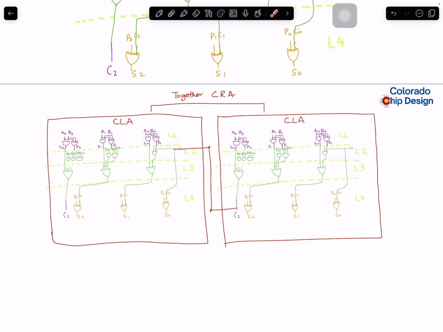I will use carry look ahead for a certain number of individual blocks, and then connect these blocks together in a ripple carry fashion. So of course in this one, all these become available, but this one has to wait for this one, and similarly the other one has to wait. So a little bit of additional delay from here. But I think that is manageable.